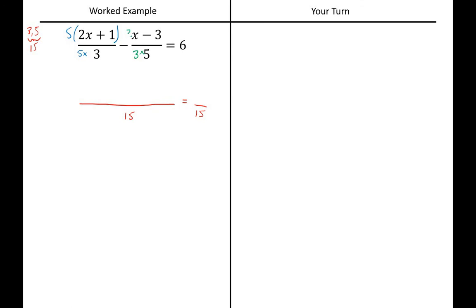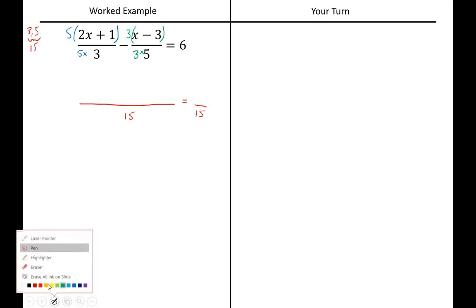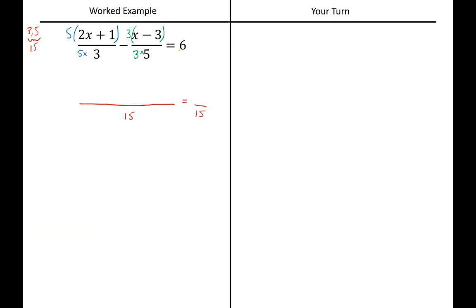So I have to do the same to the numerator. And I put it in brackets to make sure I multiply the whole numerator by 3. And then finally, we've got the whole number 6. So that's like having 6 wholes, 6 over 1. So we need to multiply that denominator by 10, so we do the same to the numerator. Okay?